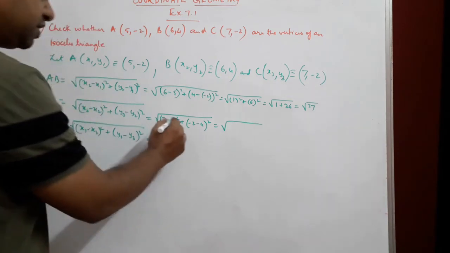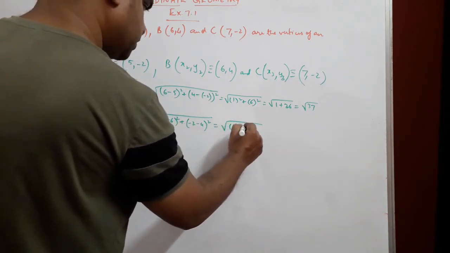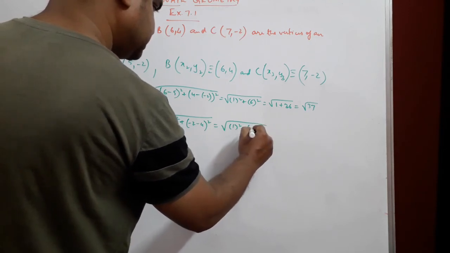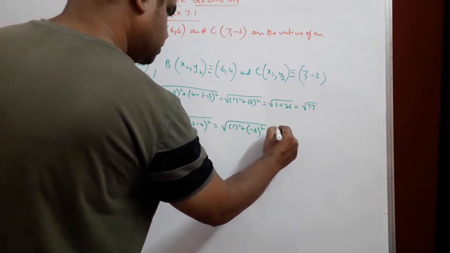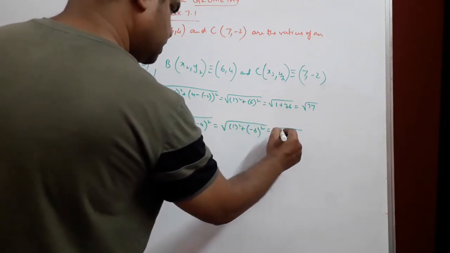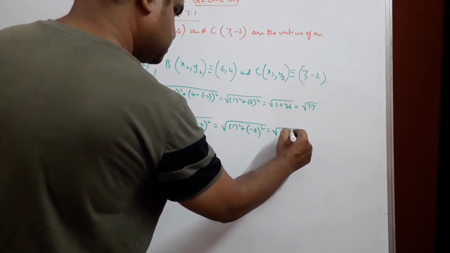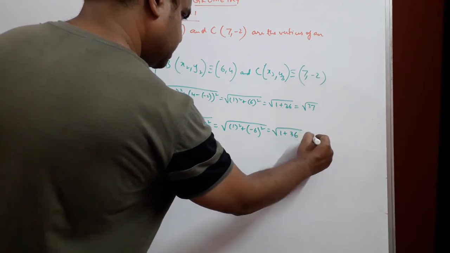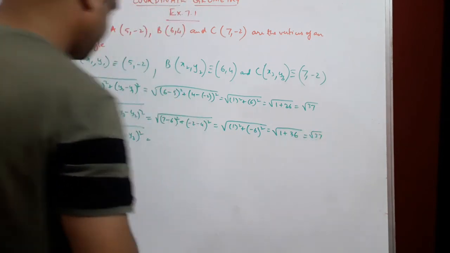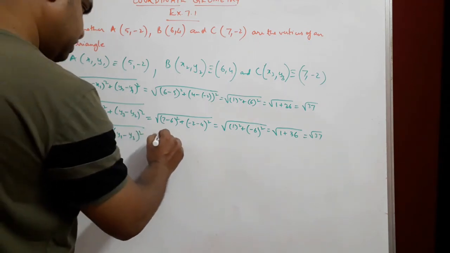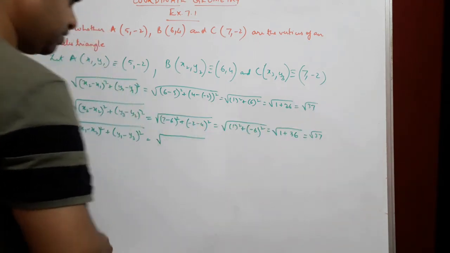See what we get. 7 minus 6 gives us 1 whole square plus minus 2 and minus 4 gives us minus 6 whole square. 1 whole square gives us 1, minus 6 whole square gives us 36 positive. That gives us root of 37. And we have finally, clearly you can see these two sides are already equal.